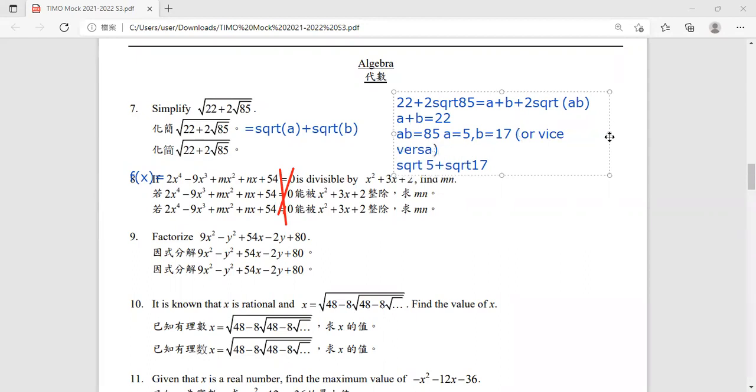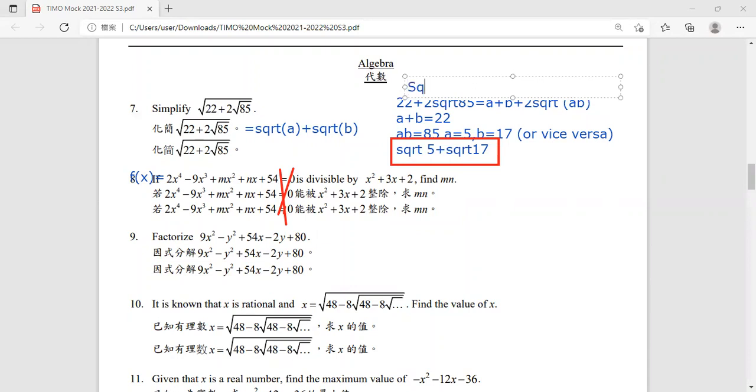The answer will be this one: 12 pi plus 750. Any question on question 7?